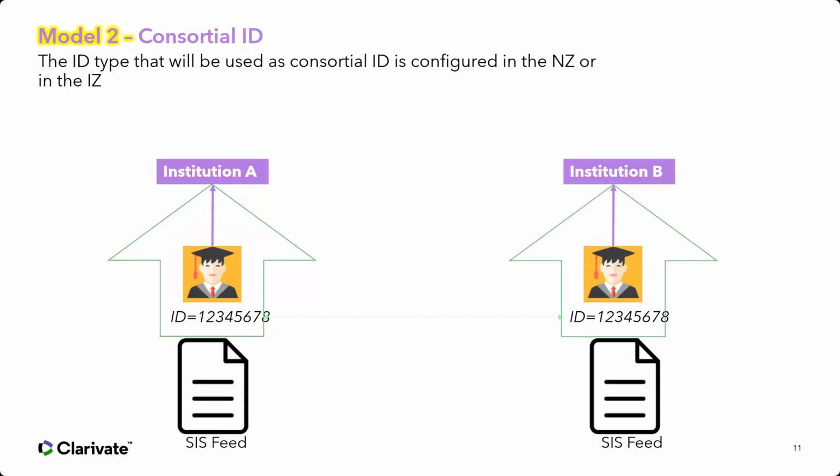So this model is different than the previous one in that these accounts are not created just in time when the patron checks out an item or creates a request. Instead, in this model, the accounts are actually loaded in separate SIS feeds, one into institution A, another into institution B, and Alma knows it's the same person, but that's based on that common ID.